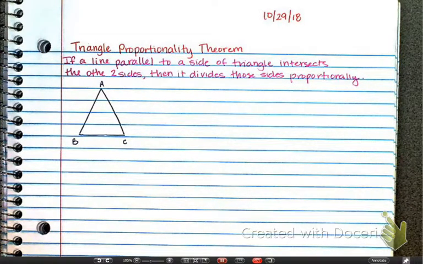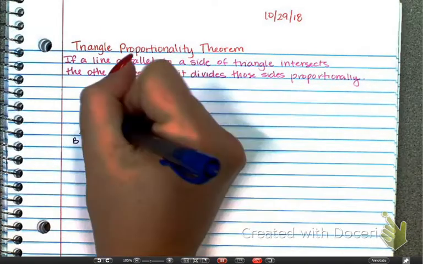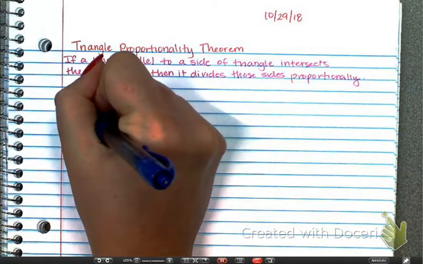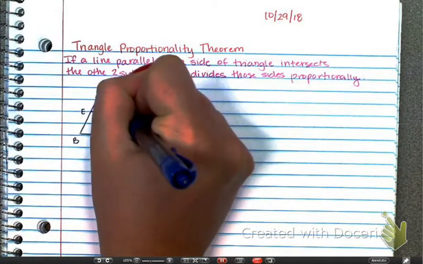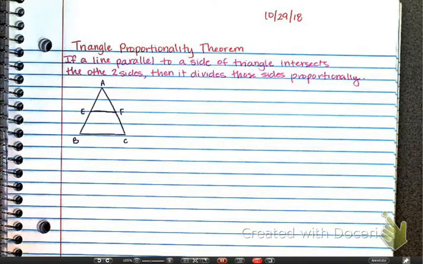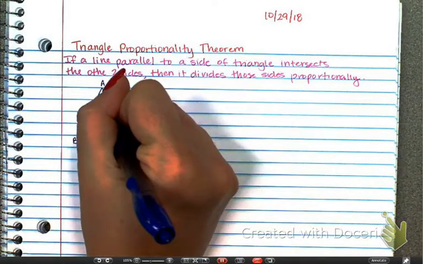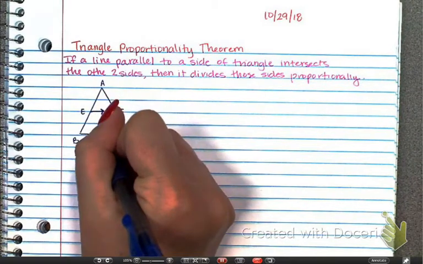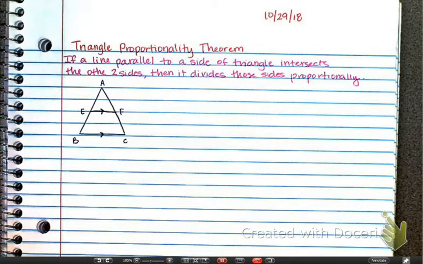So we have a triangle, ABC, and then we have a line that goes through ABC, and we're going to call that EF. Which are the triangles we've been working with, right? Like we've had two triangles in one. Okay, so if EF, which is the line, is parallel to BC, and you use little arrows to show parallel.